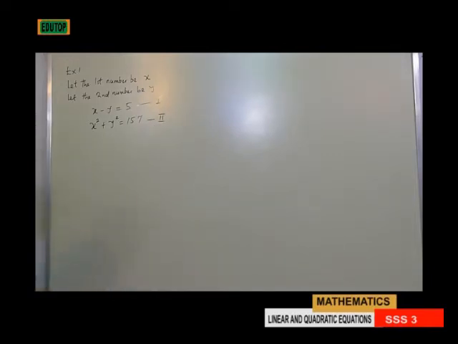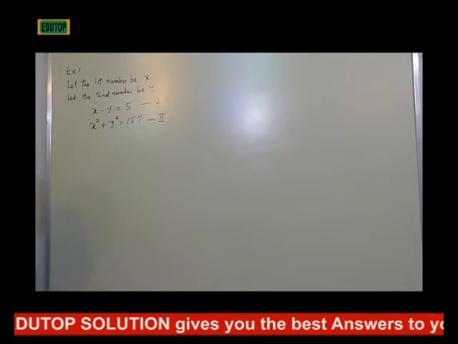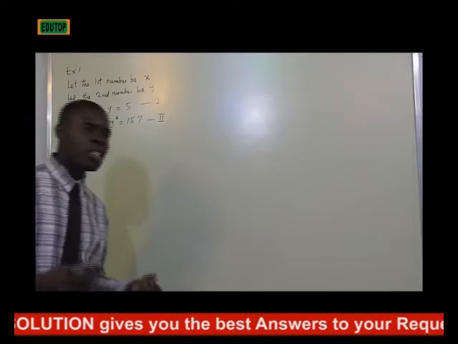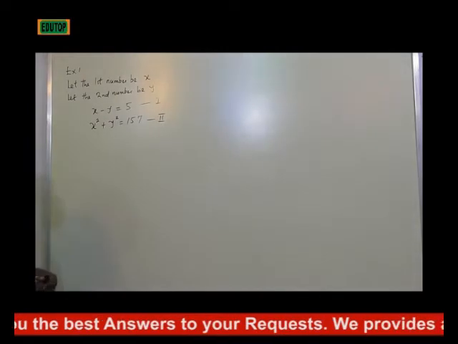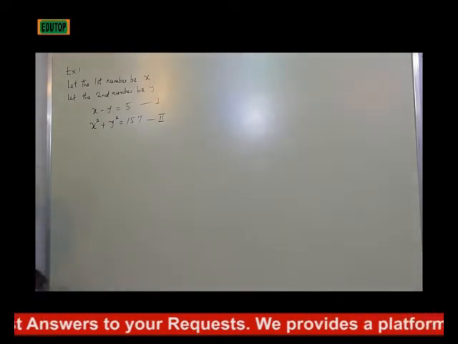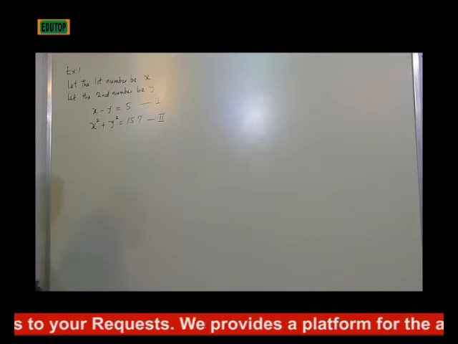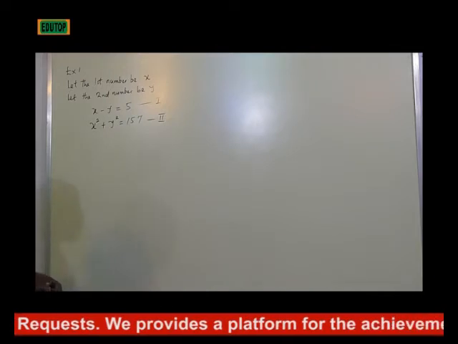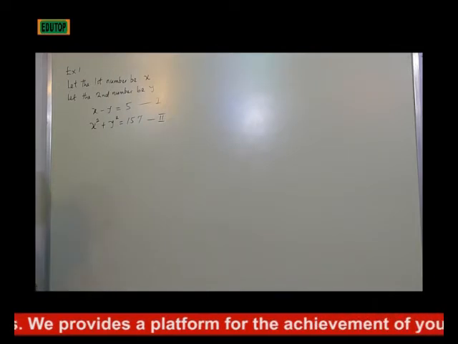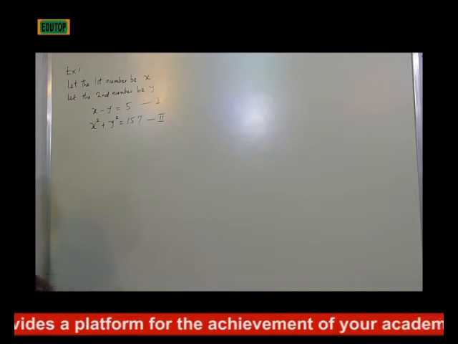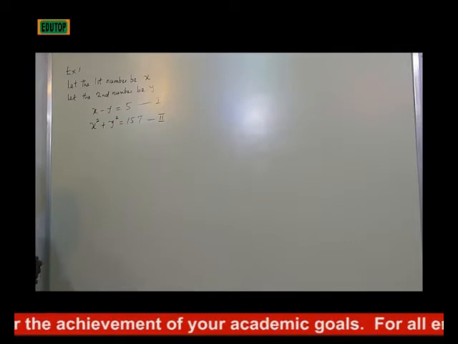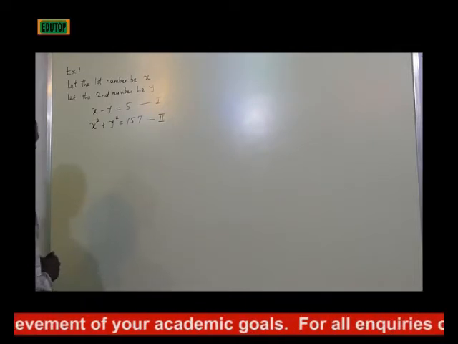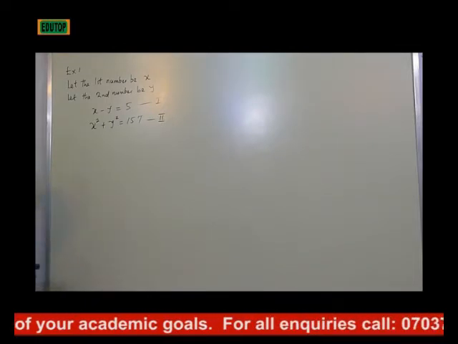Equation 1 is a linear equation because the highest degree of the variable is 1, while equation 2 is a quadratic equation because the highest degree of our variable is 2. So equation 1 is simpler compared to equation 2.